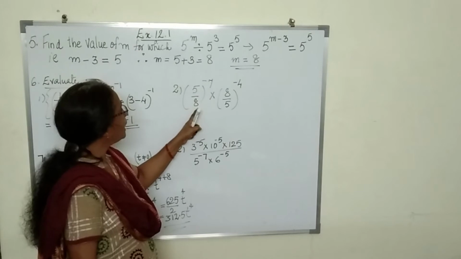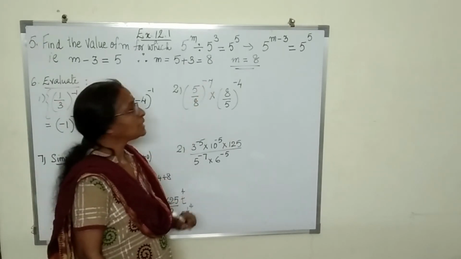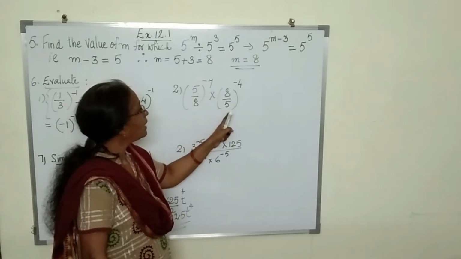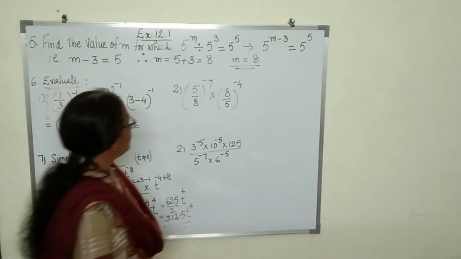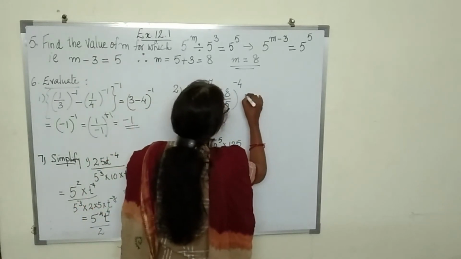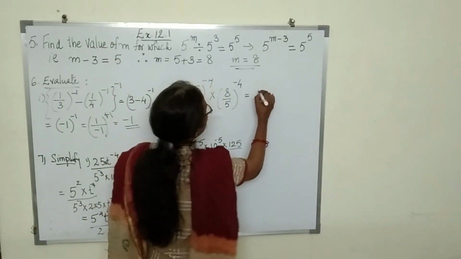That is (5/8)^-7 into (8/5)^-4. Whenever the powers are negative, we know we convert them into reciprocal.